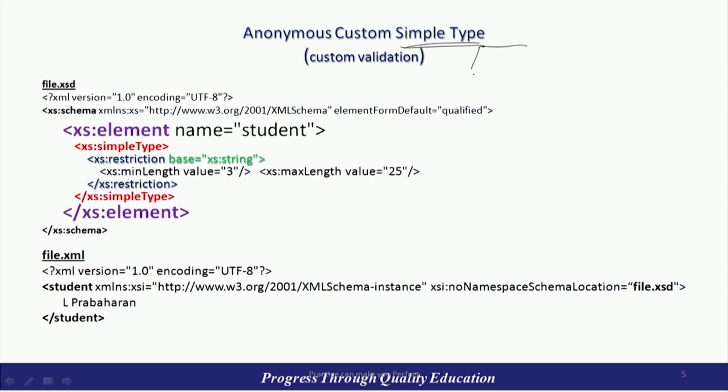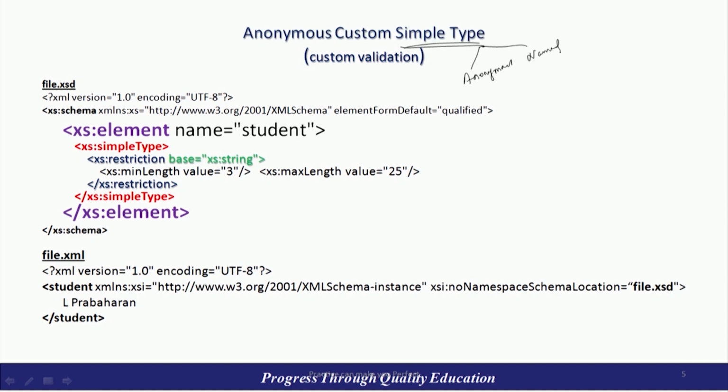I can show you. Before that, in simple type we have anonymous and named simple type. The anonymous simple type is defined like this. It also comes under custom validation.